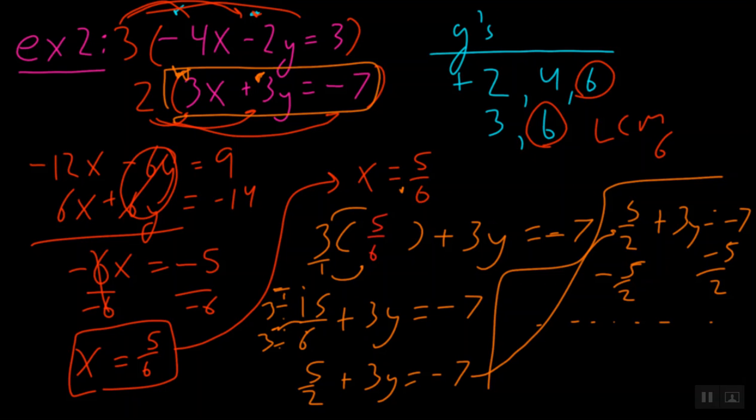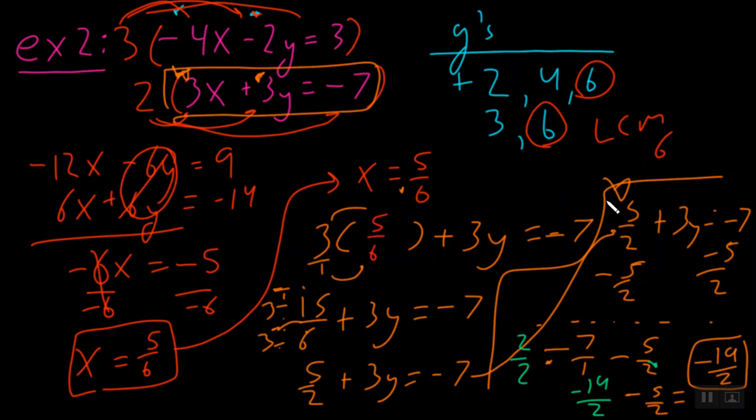So I have negative 7 over 1 minus 5 over 2, and I need to multiply my top and bottom here by a number to get to this denominator of 2. So I'll multiply by 2 over 2. And so we know that 2 times negative 7 is negative 14 over 2 times 1 is 2, and our original fraction minus 5 over 2, and this will get us to negative 19 over 2.